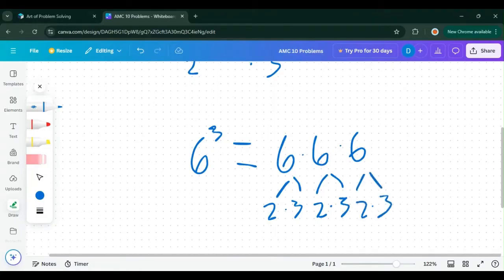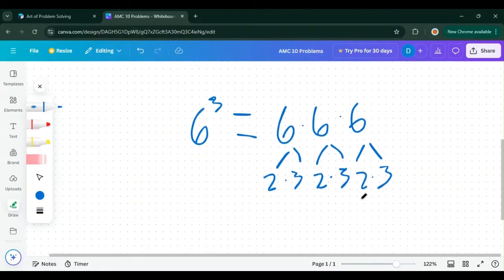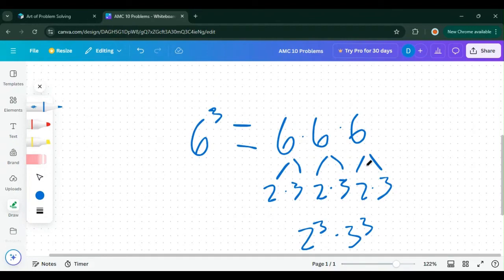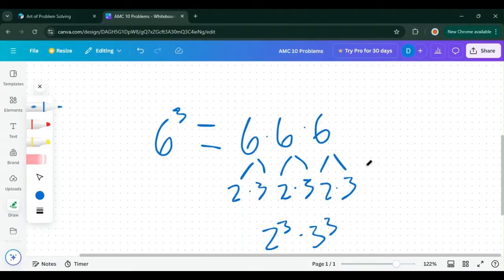So each prime of the prime factorization of a number gets the exponent as well. So we have 2 to the power of 3 times 3 to the power of 3. And that's kind of like a visual way to see it.